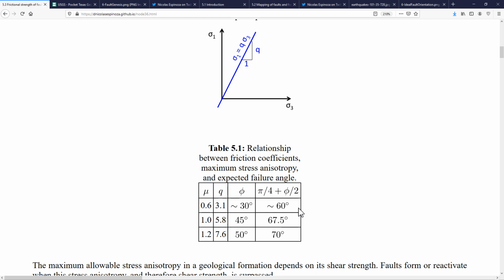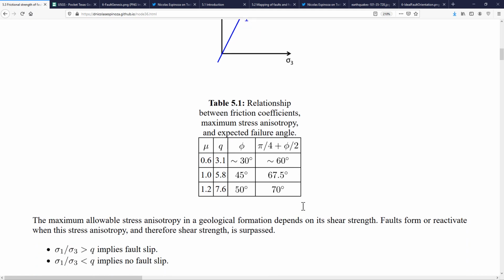Okay, so let's apply now the shear strength theory to the genesis of faults.